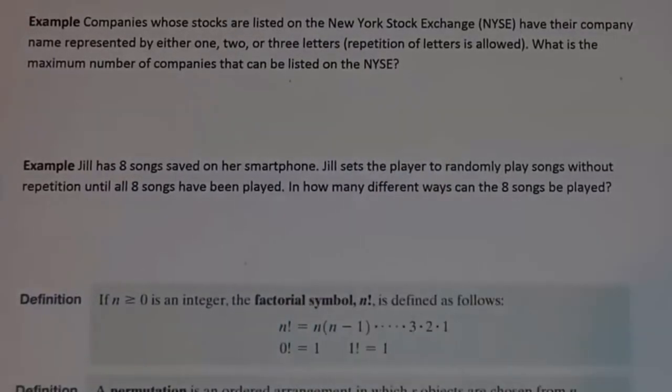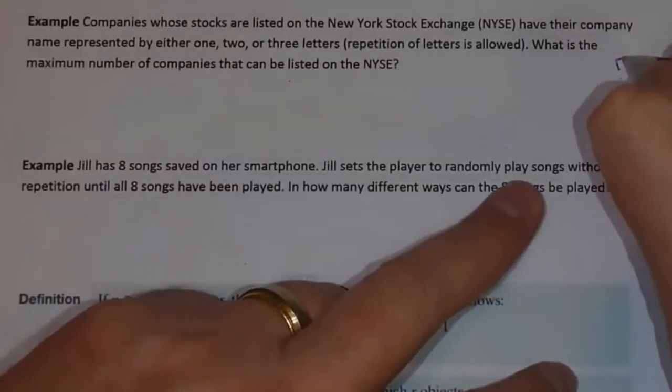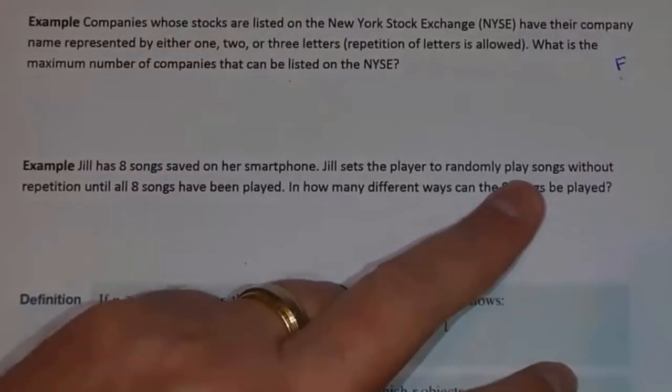So this is true. They call them their symbols, the company symbol on the New York Stock Exchange. And so again, their symbol can be represented by 1 letter, or by 2 letters, or by 3 letters. For example, F on the New York Stock Exchange, that is the symbol for Ford Motor Company. So Ford has a 1-letter symbol.